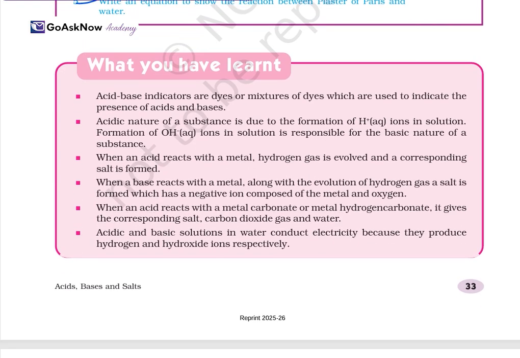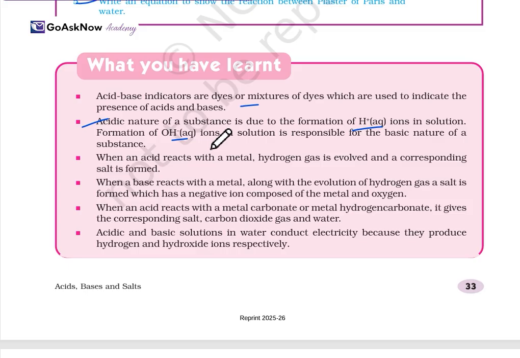Now, what we have learned in this chapter: acid-base indicators are dyes or mixtures of dyes which are used to indicate the presence of acid and base. The acidic nature of a substance is due to the formation of H+ ions in aqueous solution, and the formation of OH- ions in solution is responsible for the basic nature.